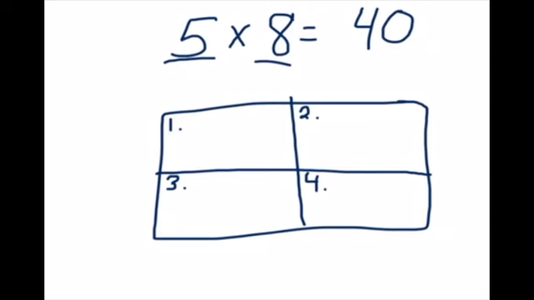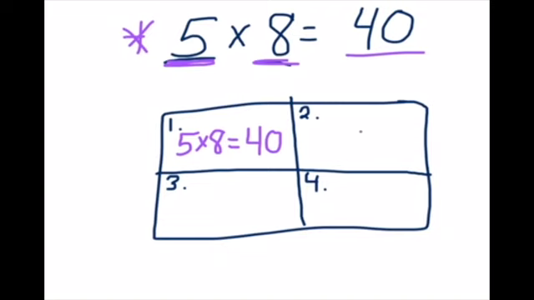Well, we know one already because I just gave it away. 5 times 8 equals 40. What would be the other multiplication sentence? Think about the commutative property of multiplication where I flip-flop my factors, but my product is the same. Well, we know that 40 will be the same, like I said, and 8 times 5 is flip-flopped from 5 times 8.